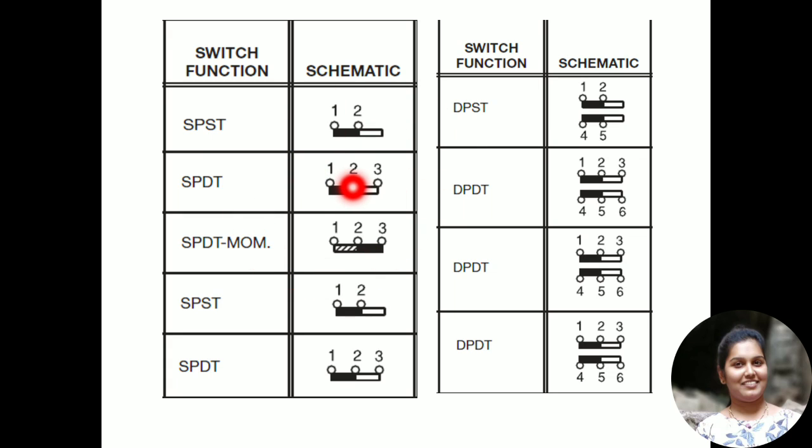The switch can move from terminal 1 to 2, and again it can move to 3. Whereas for DPST we can have 4 different switching positions, and for DPDT we can have 6 different positions and 4 different switching actions can be done.